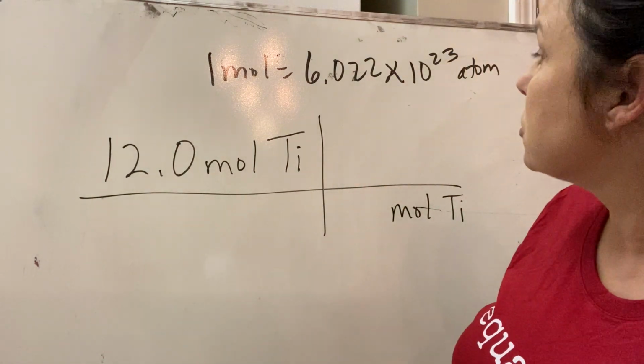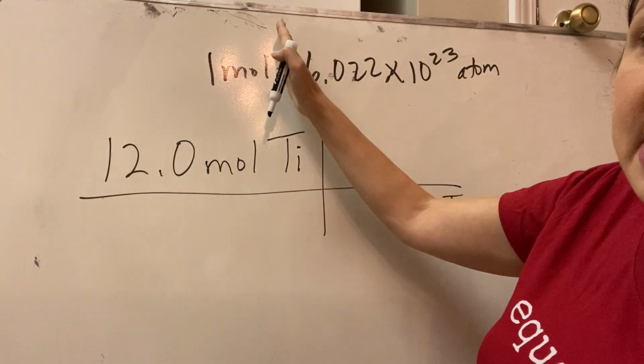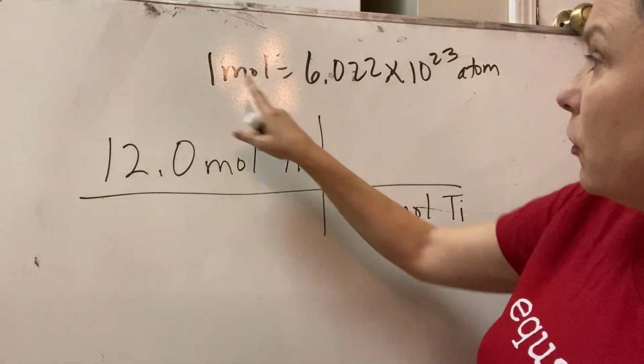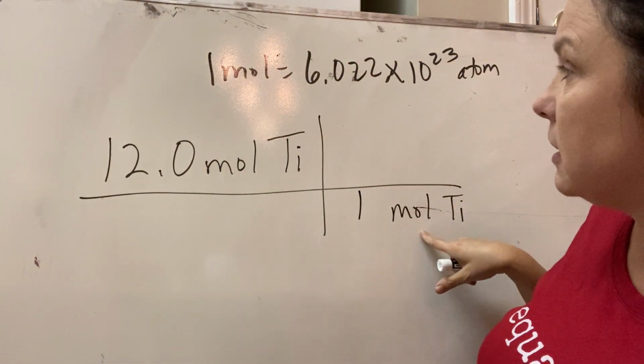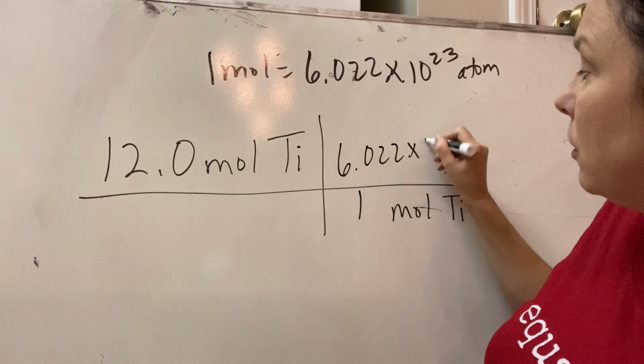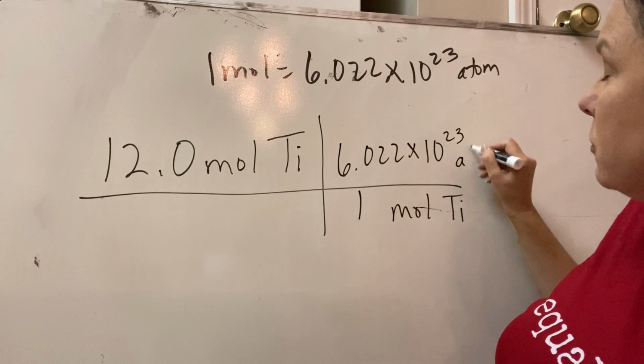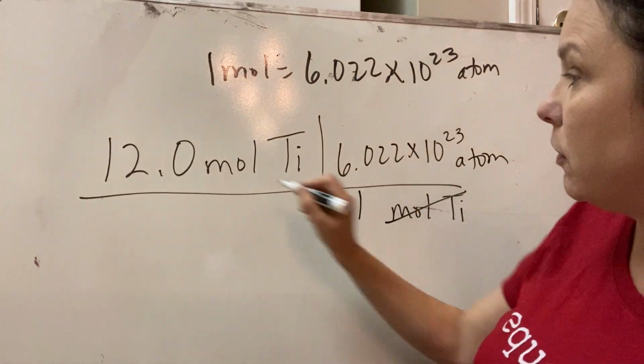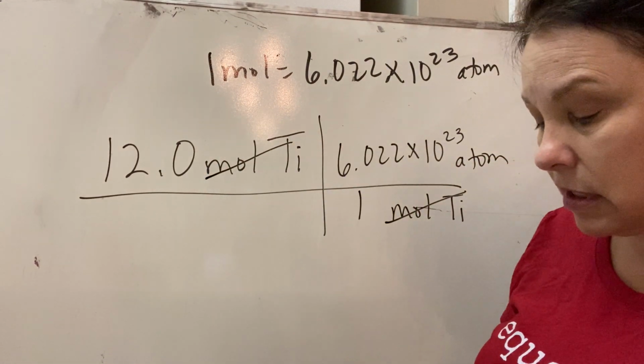All right, so this is where I'm going to karate chop this in the middle, split it up. The 1 mole goes in the denominator this time, and Avogadro's number goes in the numerator. The moles cancel out.